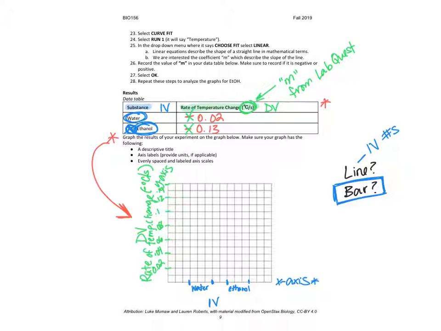To do our graphing, if water was 0.02, then we would make our bar go up to the 0.02 line. If ethanol is 13, then we take it all the way up to the 13 line right here.